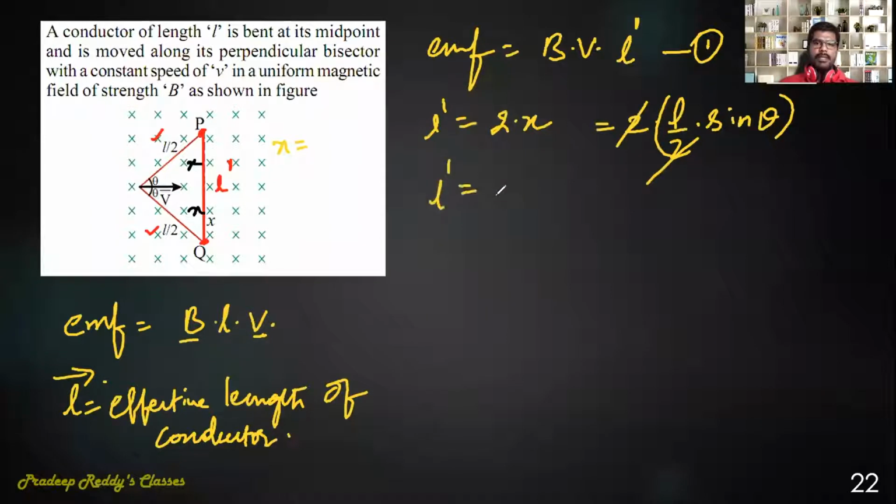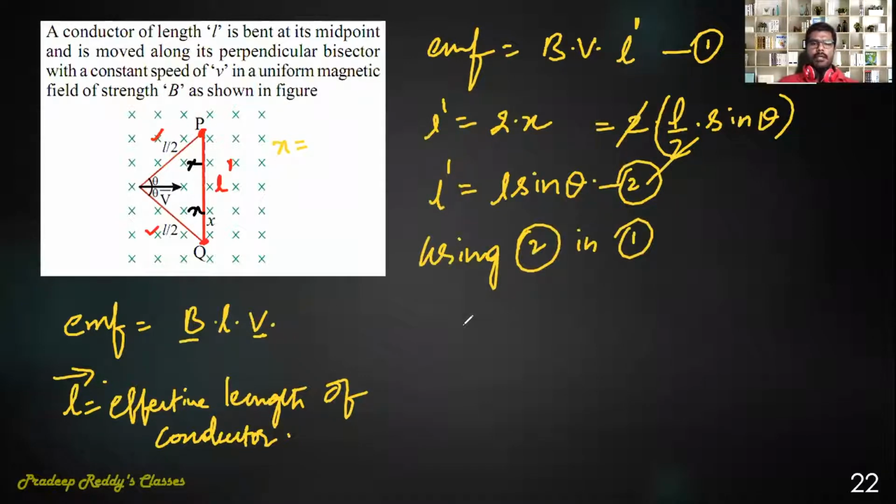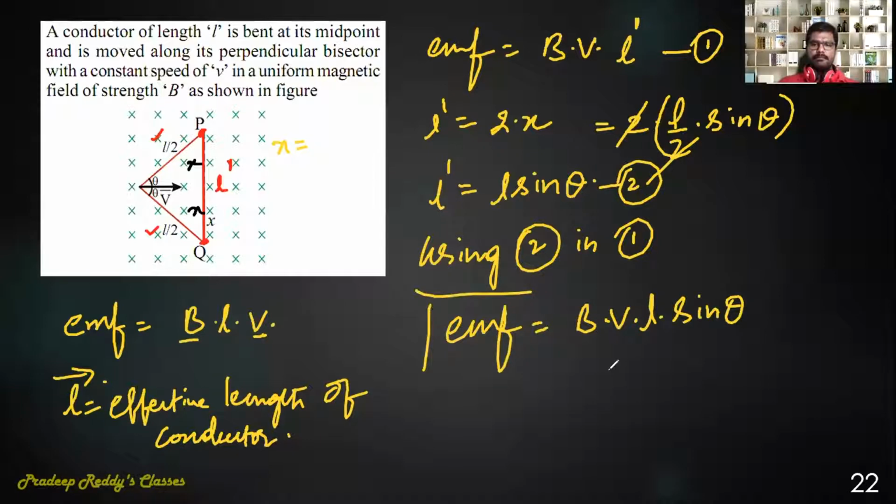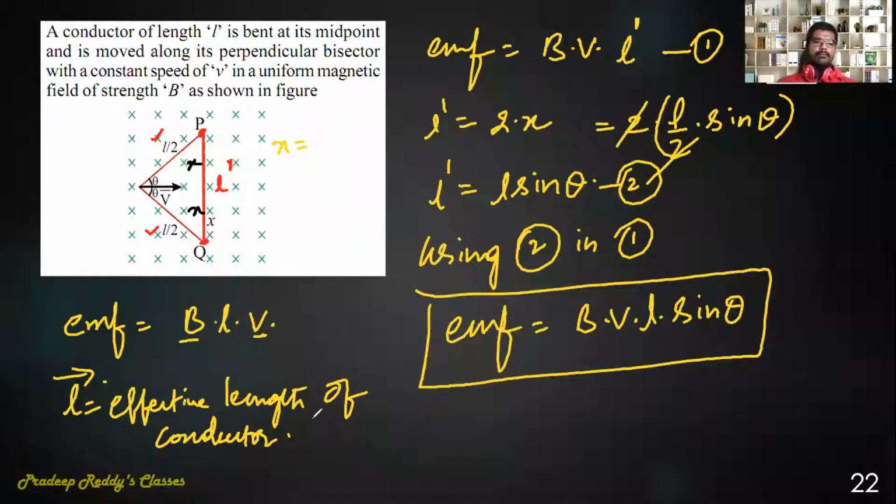So L dash will be equal to L sine theta. That I will substitute here. This is equation number 2. EMF induced will be equal to B V L sine theta. This is the effective EMF produced due to motion of the coil.